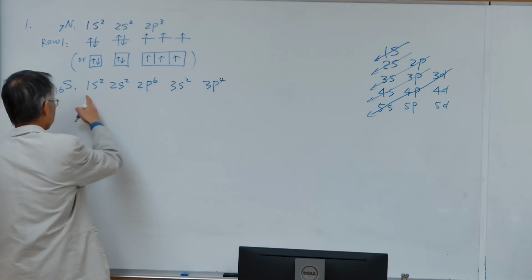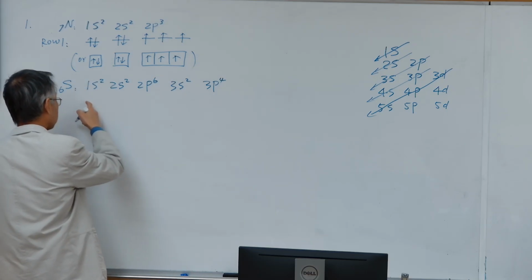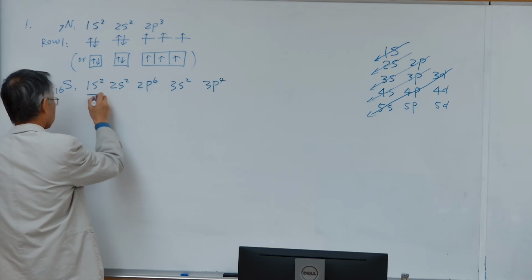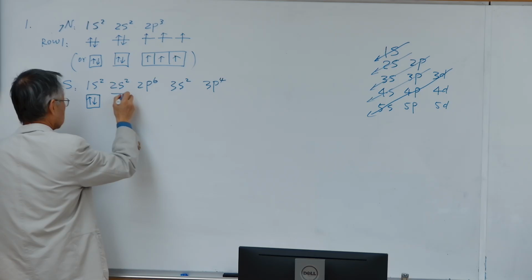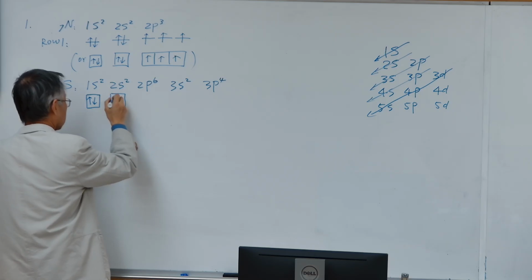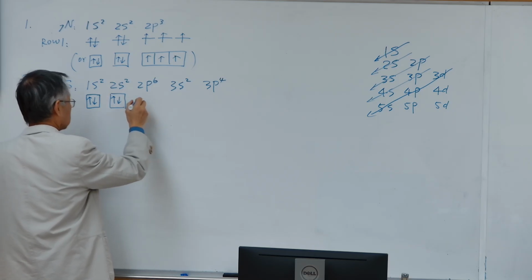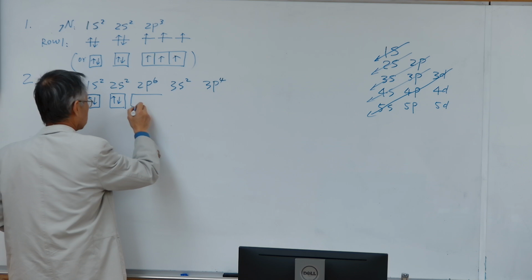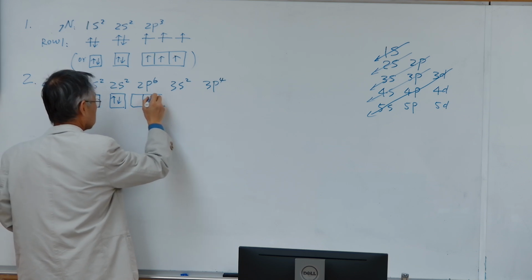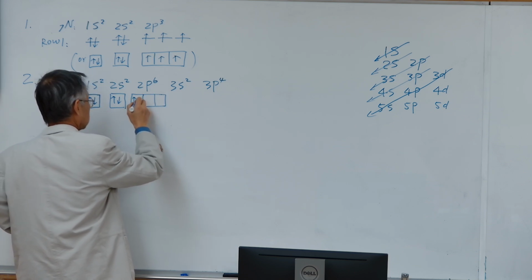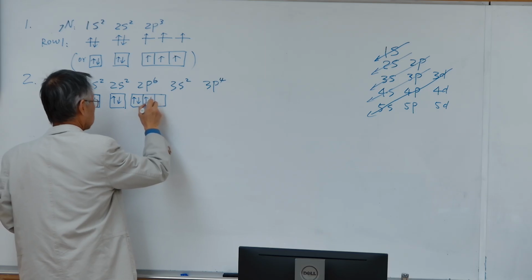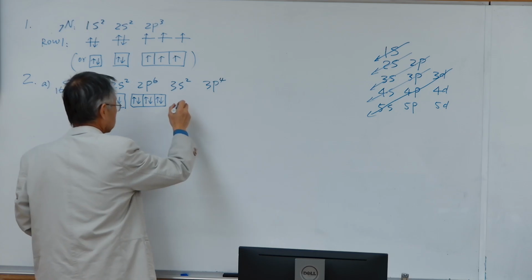Okay. Then we write the orbital diagram right underneath the electron configuration. So draw 1 box underneath 1s. 2s also 1 box, 1 orbital. 2p, 3 orbitals, 6 electrons. Each orbital holds 2 electrons in opposite spin direction.